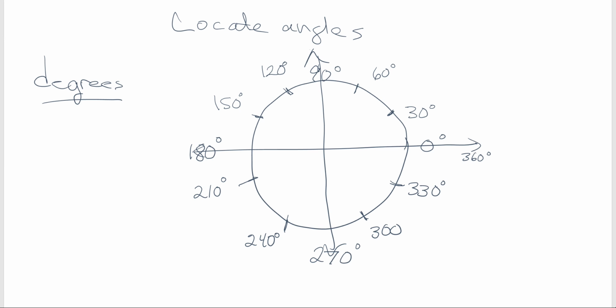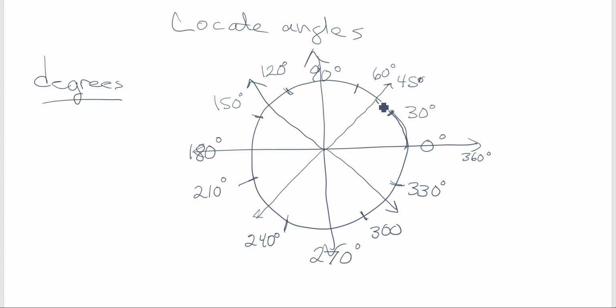In addition to those divisions, dividing it up like a clock, we can also think of just taking each quadrant and splitting it in half. Half of 90 degrees would be 45 degrees.